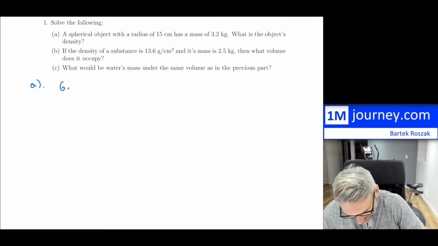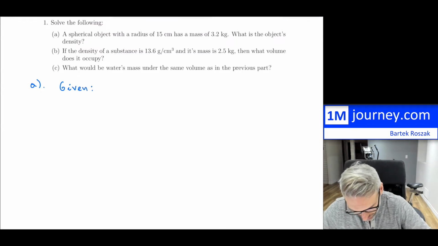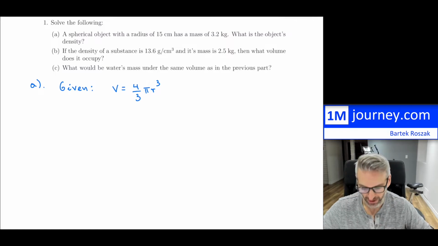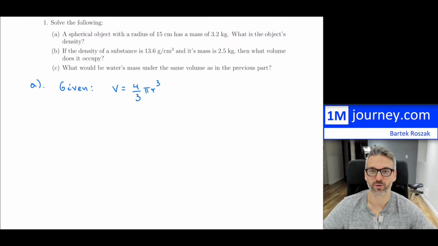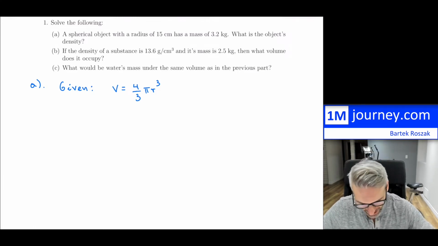So let's write down what is given. The object is spherical, so you have to remember the volume of a sphere: 4 over 3 pi r cubed. If you have it on your formula sheet, you can certainly use it, and if you use it long enough, you'll probably remember.